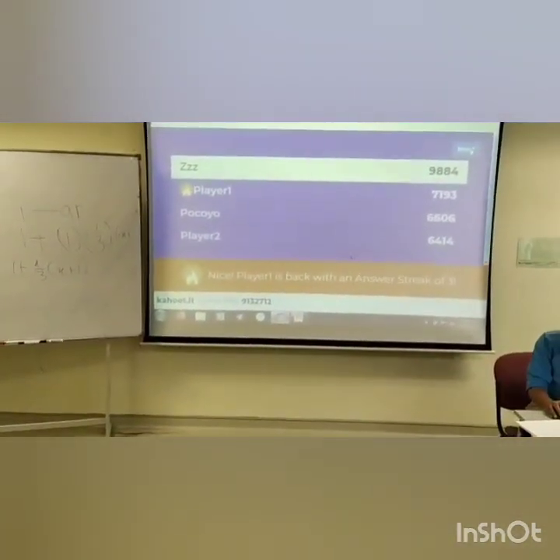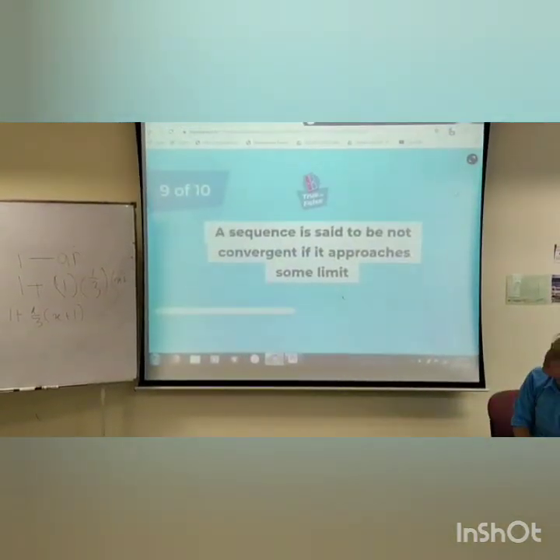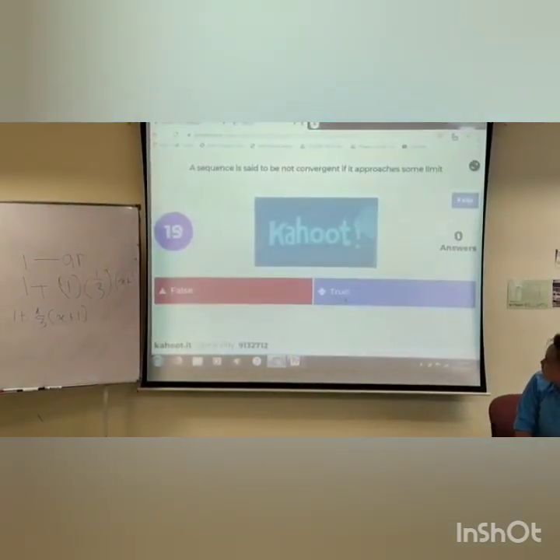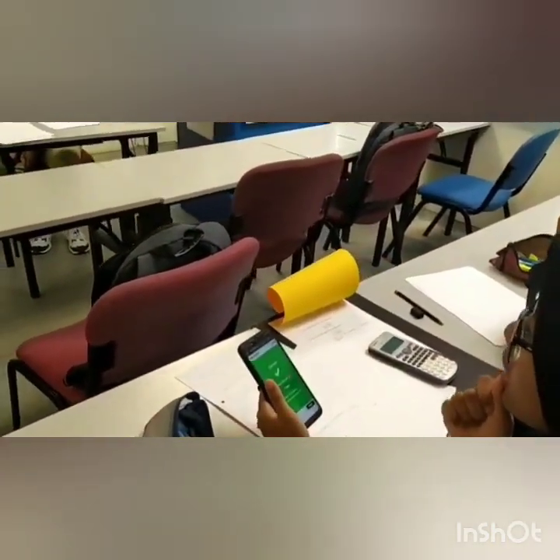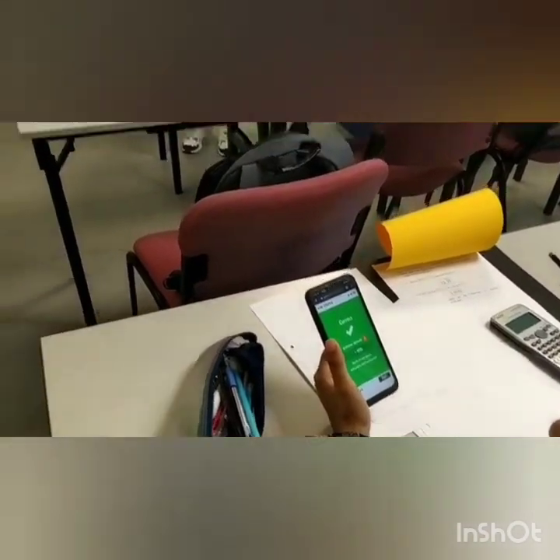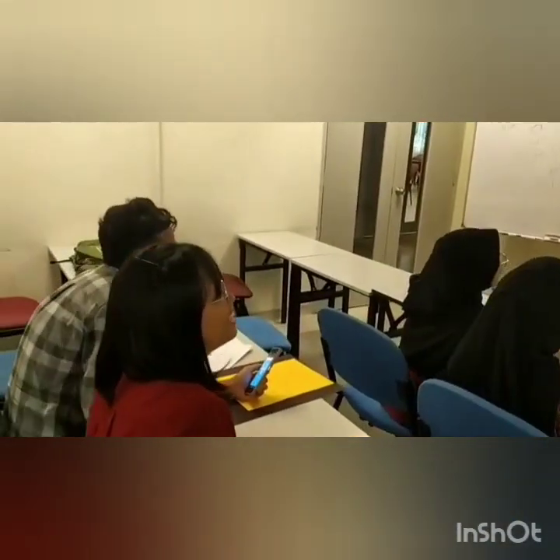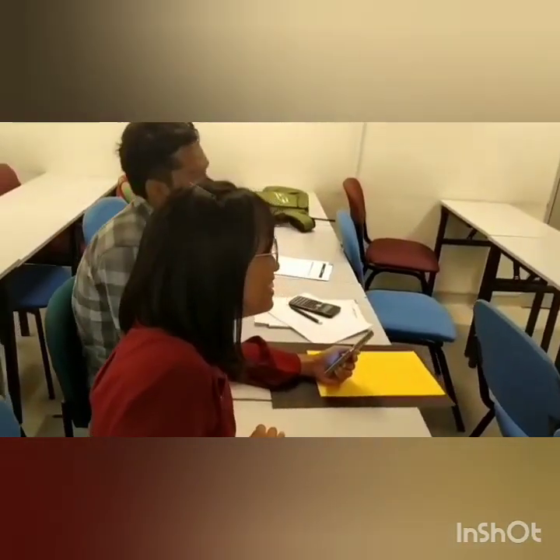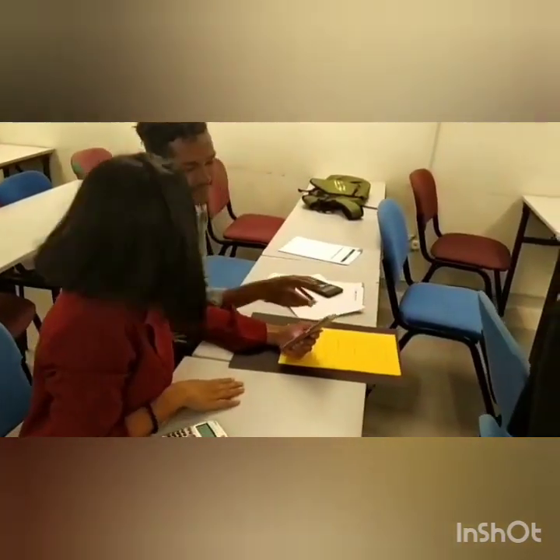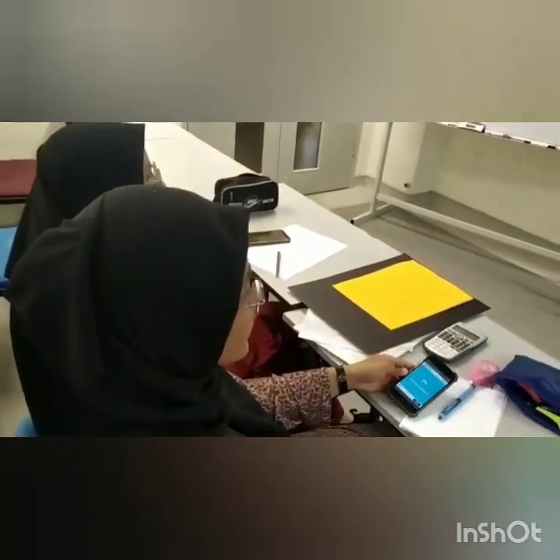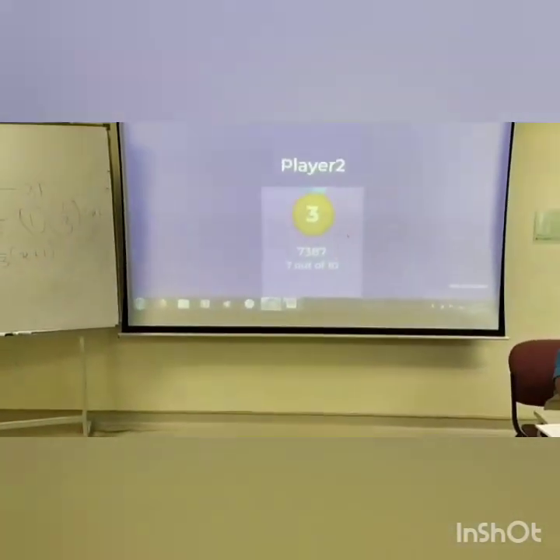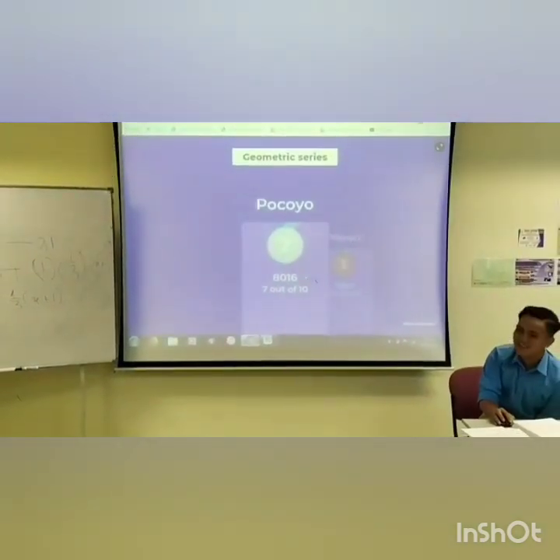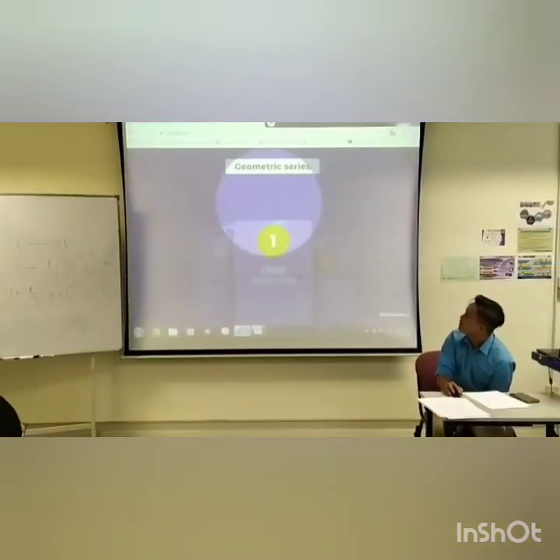You see Pocoyo. Sir, Pocoyo getting good, sir. Second last question. I think Pocoyo drop one more. Sir, Pocoyo number 2, sir. Okay, last question. Confirm. Number 1, 7 out of 10. Okay, Pocoyo last, sir. Oh! Pocoyo second place, sir. And the first place is Z.